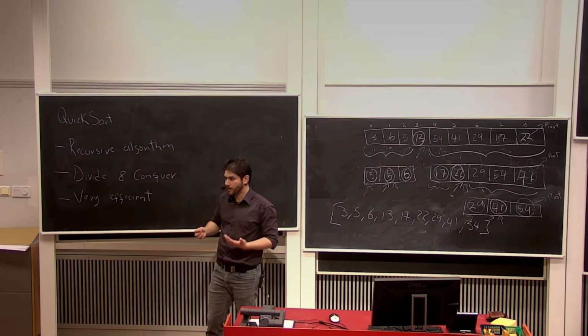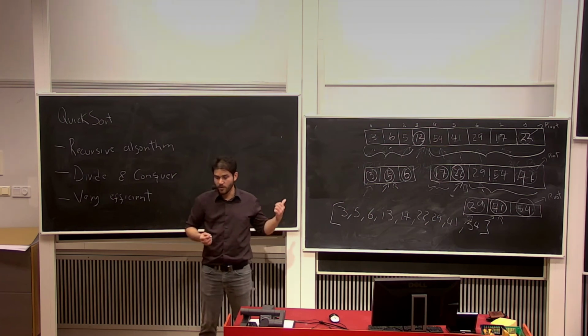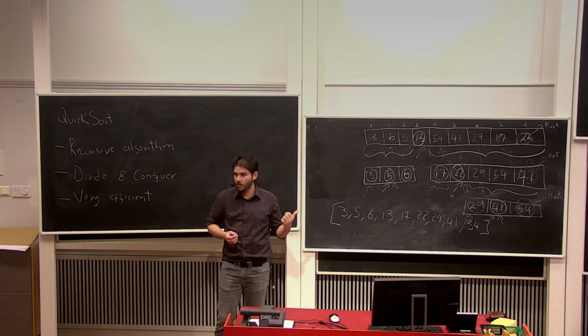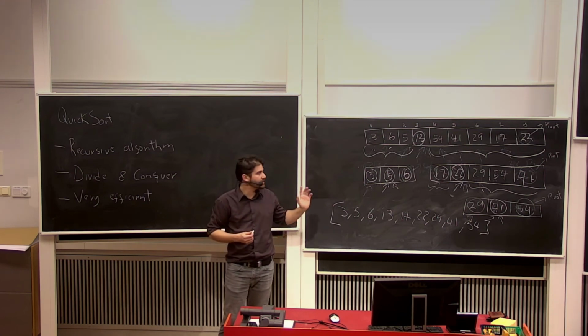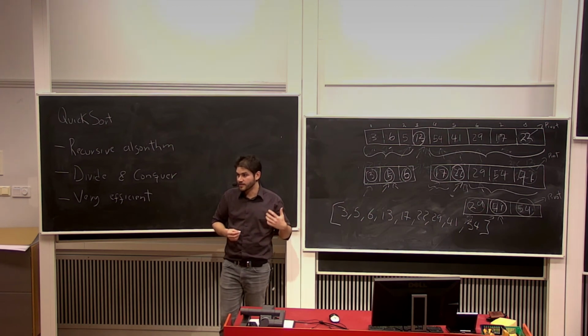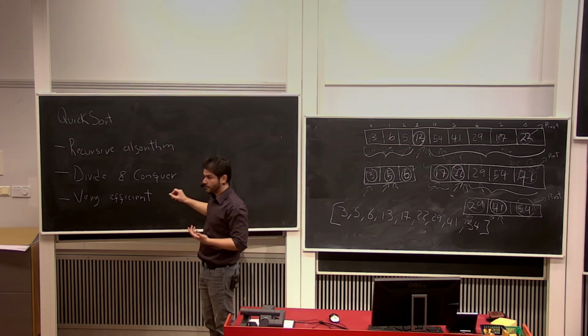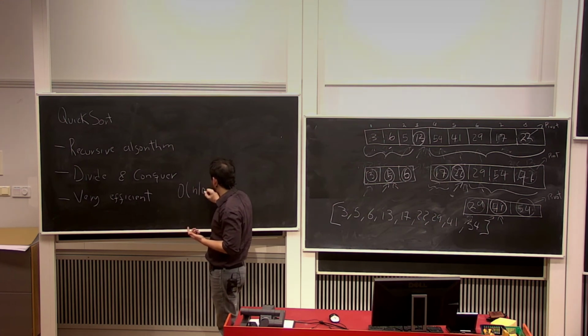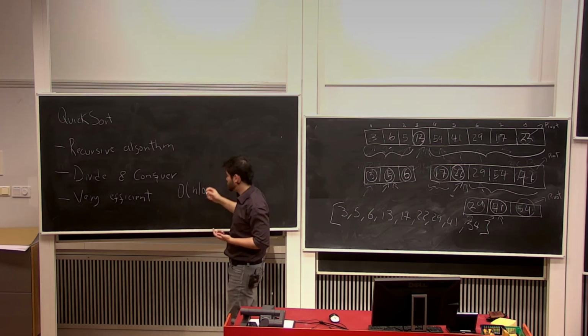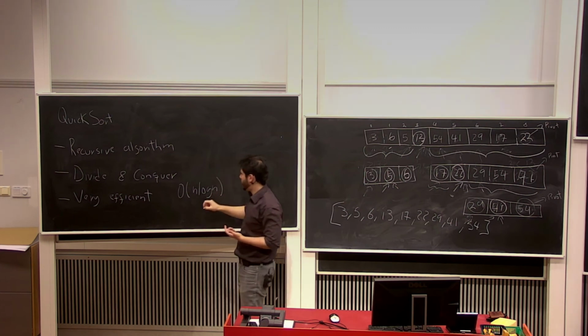The time complexity of the quicksort heavily depends on the selection of the pivot. So normally the pivot is selected randomly, and it is demonstrated that the time complexity of the quicksort when the position of the pivot is selected randomly is n log n.